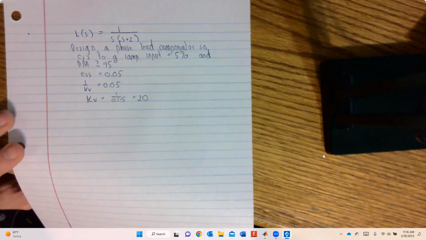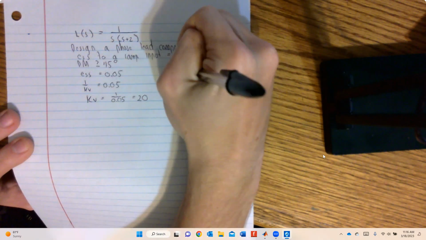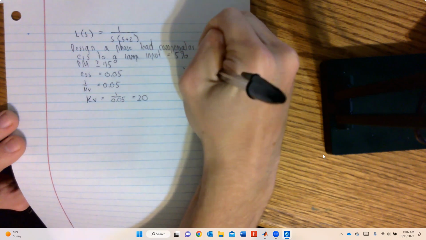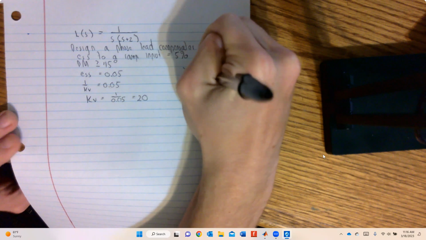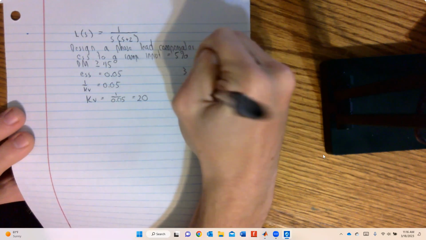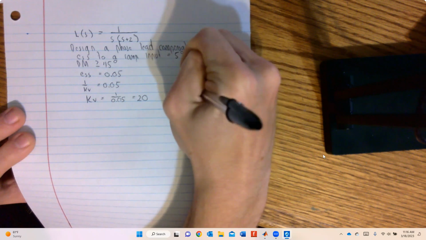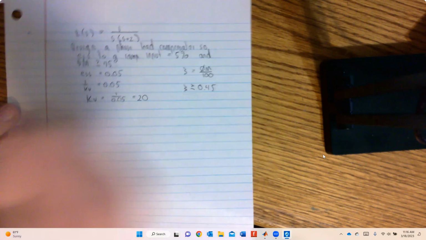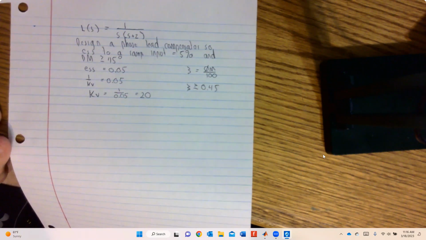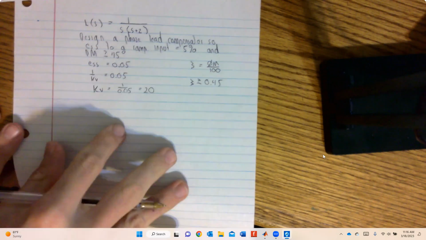Then for the phase margin, your zeta value is determined by the phase margin divided by 100. So 45 divided by 100 is 0.45. Zeta can be greater than or equal to 0.45. What we see from this is we need to determine KC so the DC requirements are satisfied.